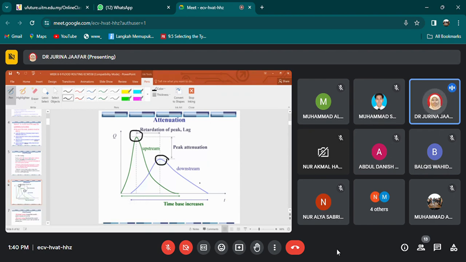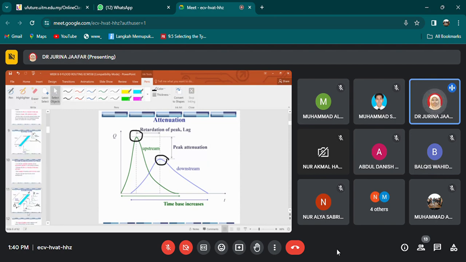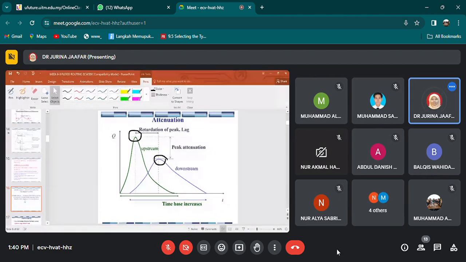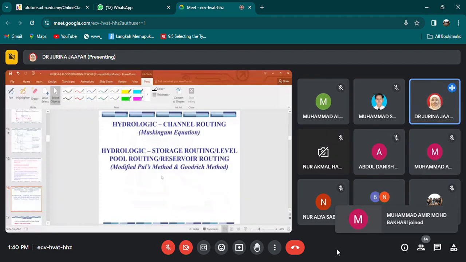So even kita nak tengok benda yang sama, tapi beza antara sungai dengan reservoir. Kalau sungai, Muskingum method. Kalau reservoir, kita pakai Pool method and Goodrich.